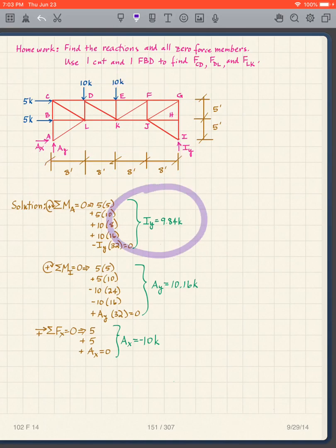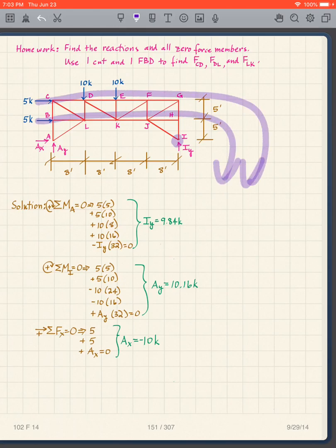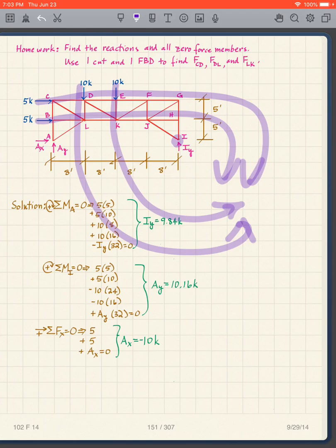I get Iy is 9.84. Take moments about I. I have 5 times 5, 5 times 10, negative 10 times 16, negative 10 times 24, and then Ay times 32.